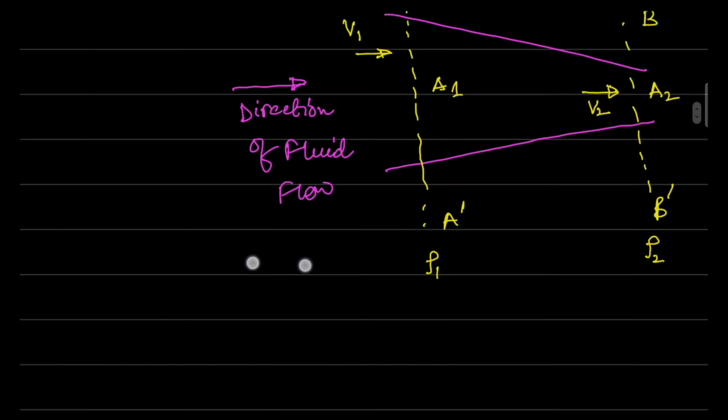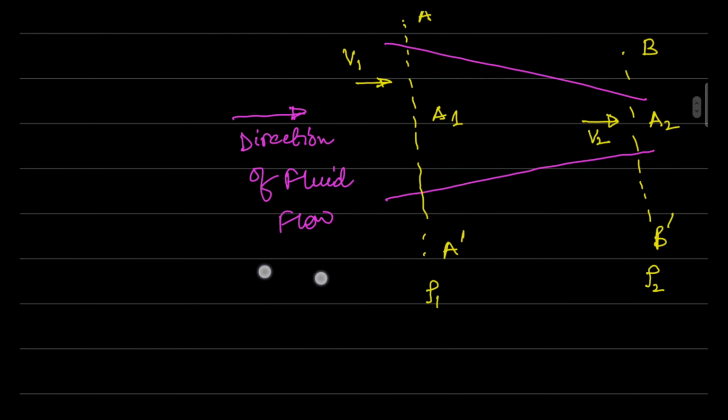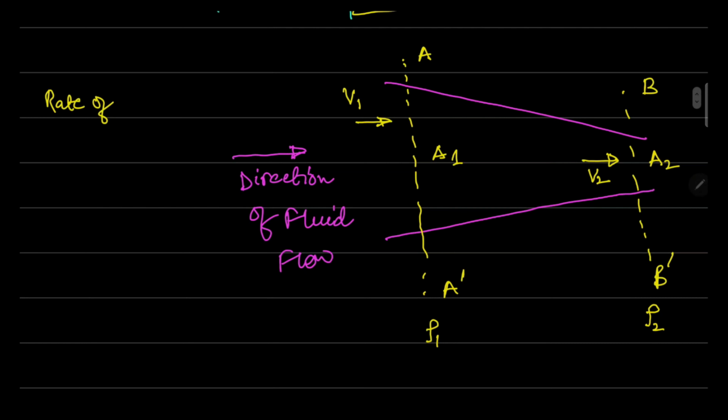So applying the conservation of mass at section 1, the rate of flow at section AA dash we can write as ρ1 into A1 into V1.